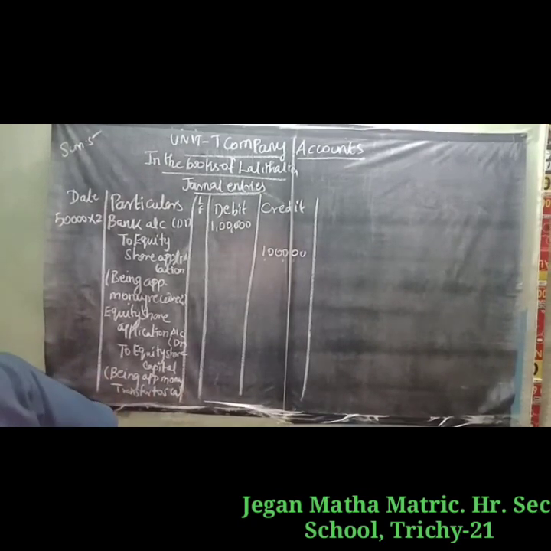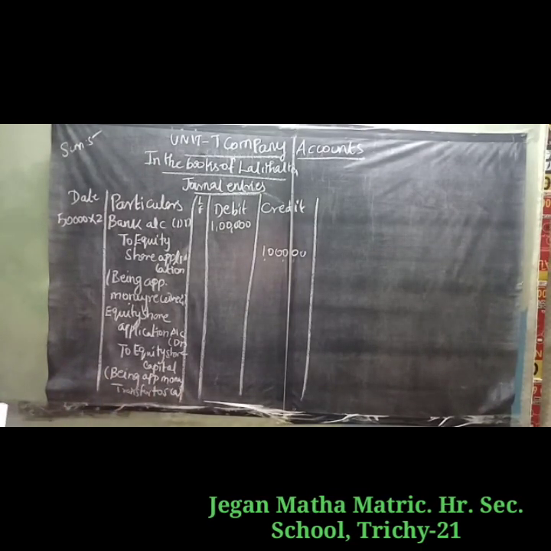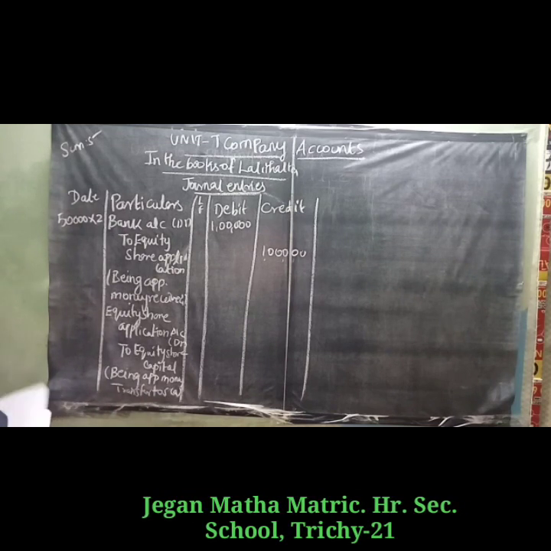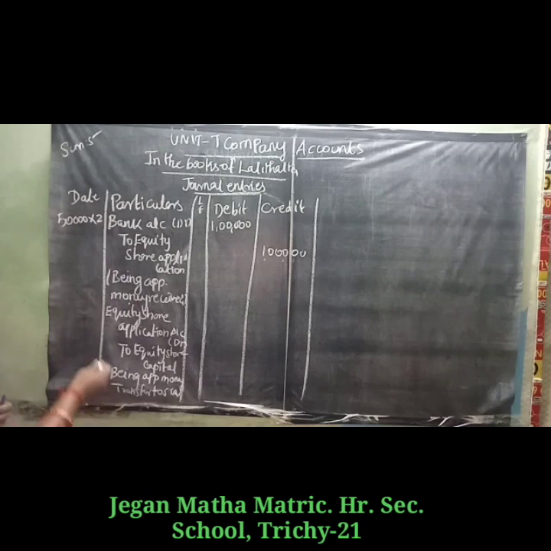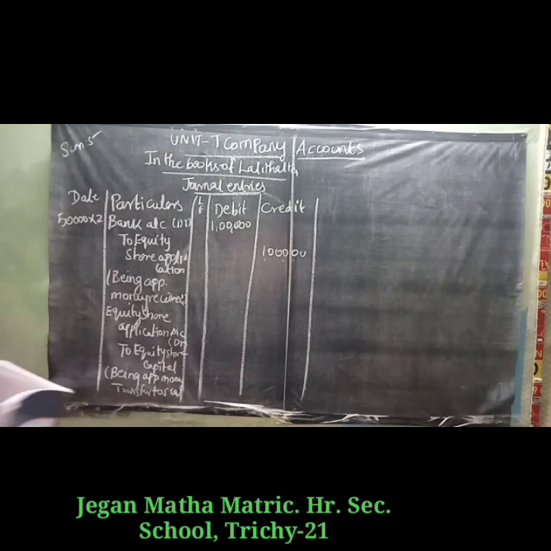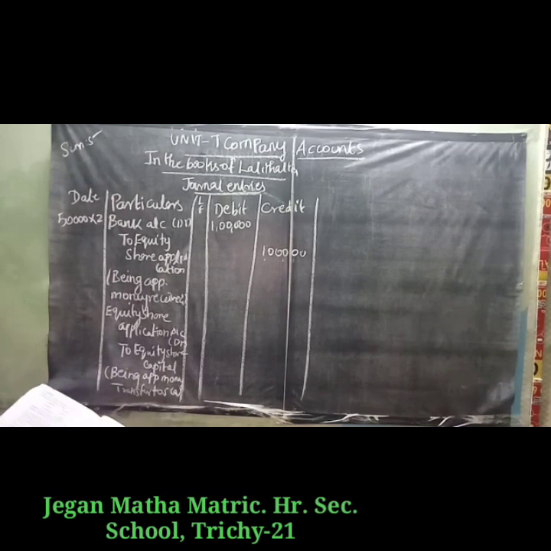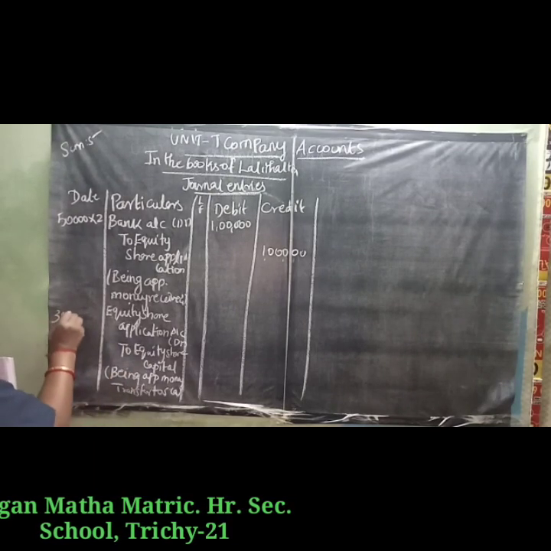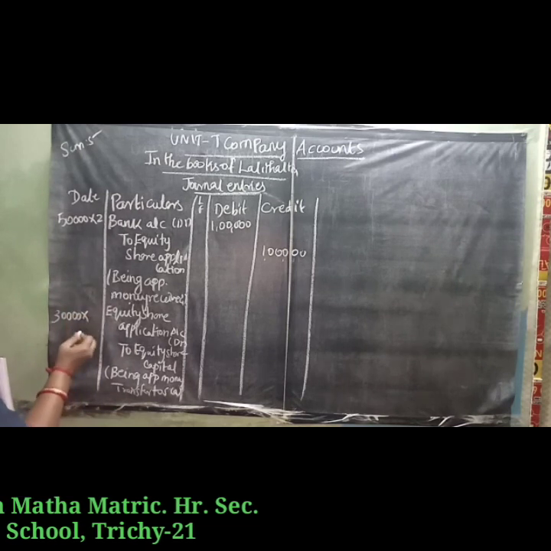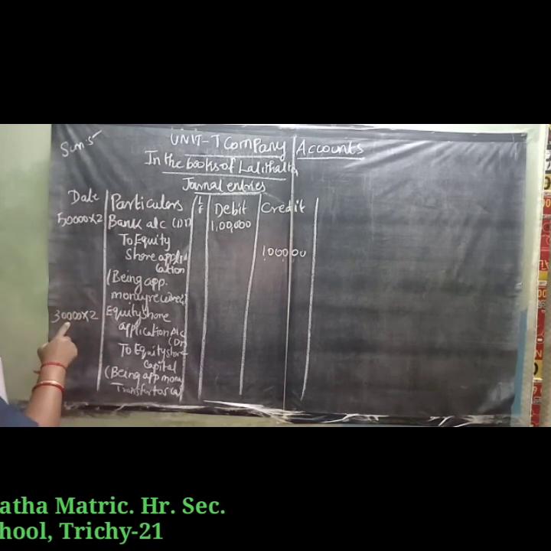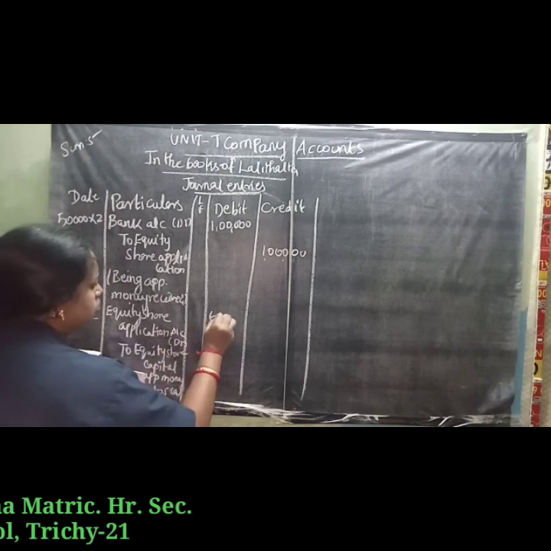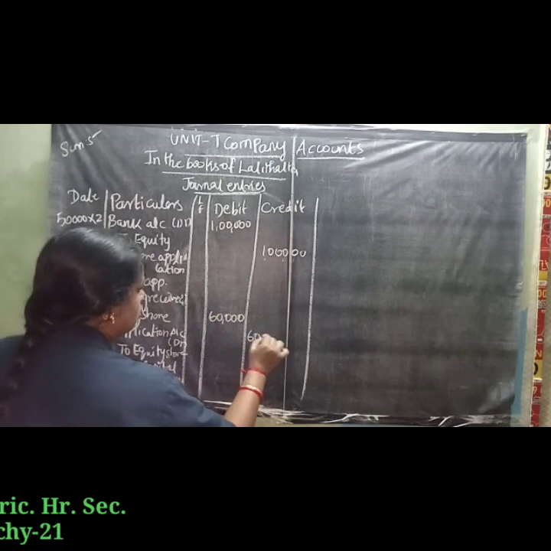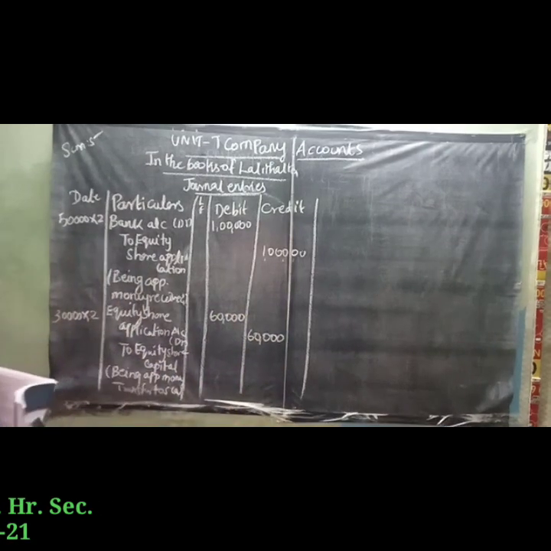What is the amount? The Lalita company offered only 30,000 shares, so only 30,000 shares are transferred to the share capital. The amount is 2 rupees, so 30,000 into 2 rupees, 60,000.